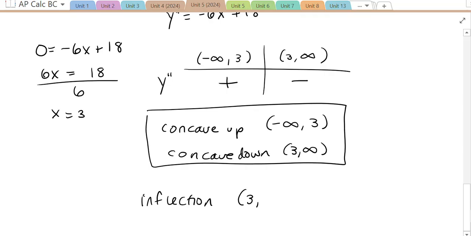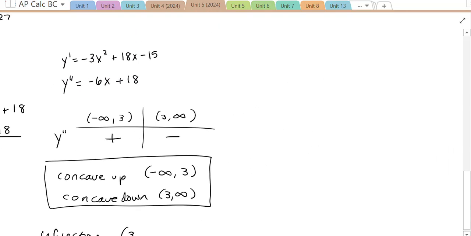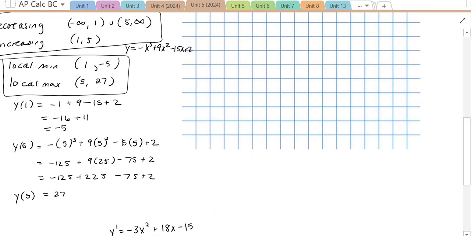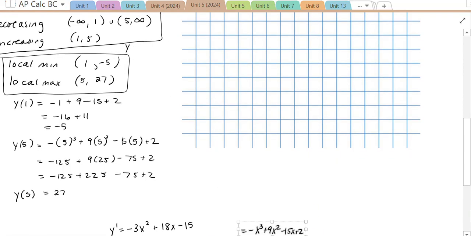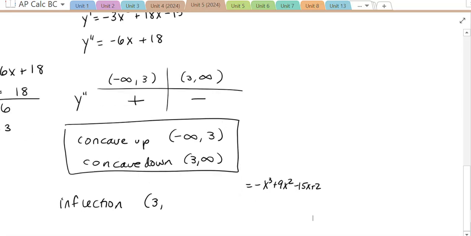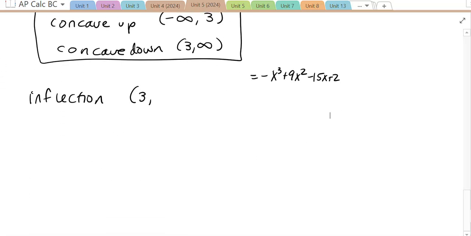Now again, remember the second derivative equaling 0 just gives me the potential for one, but the fact that it does actually change concavity from positive to negative, that's what tells me that we will actually have an inflection point. Now I need to find the y value of my inflection point because my whole goal here is to sketch this actual curve.